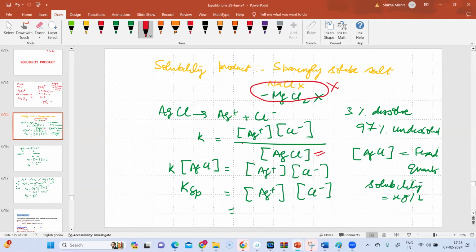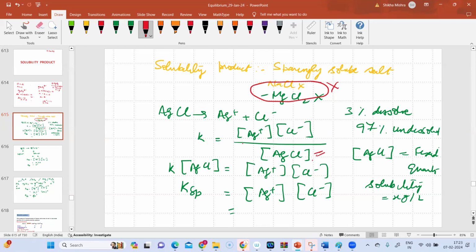It will dissociate maximum to 3% only. That means the amount of silver chloride which has remained undissolved. I believe you remember that on the product side we write the formed, and on the reactant side we write the compound or the quantity which is remaining over there, right?